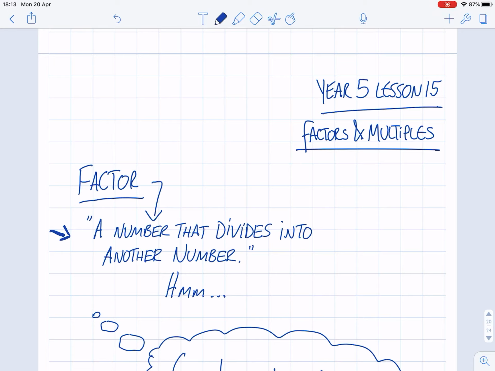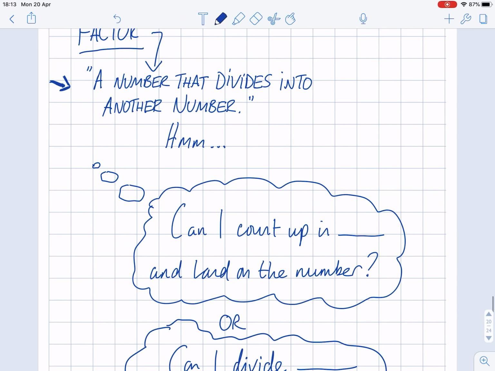Now, I don't think that brilliantly explains what a factor is. So there's loads of other ways we can describe and talk about factors. So I've said here, can I count up in that number and land on the number we're talking about? All right, so if I wanted to put that into practice, just say we look at the number 24.